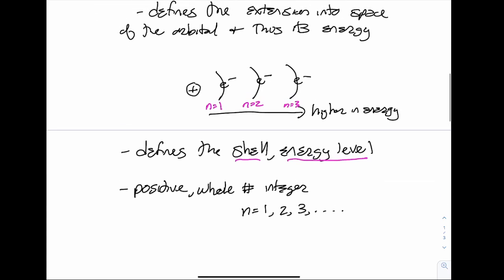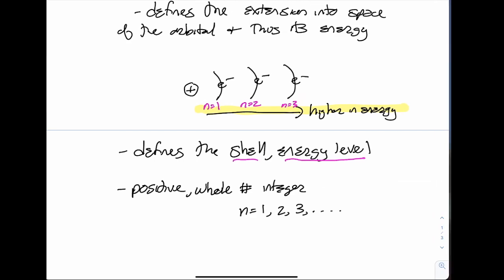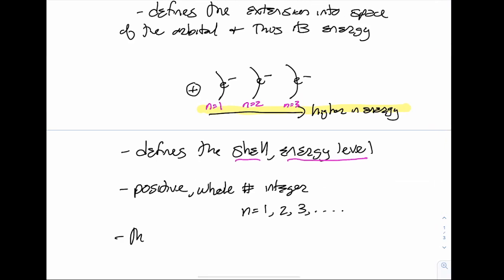So energy, I didn't write it down, but we do have this here: energy is increasing as my value for n increases.